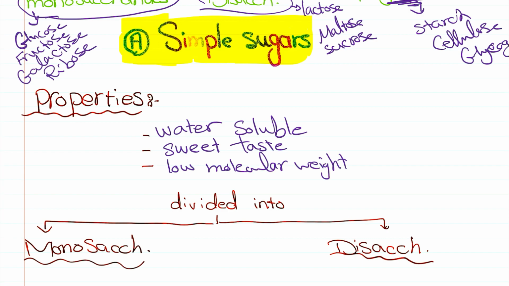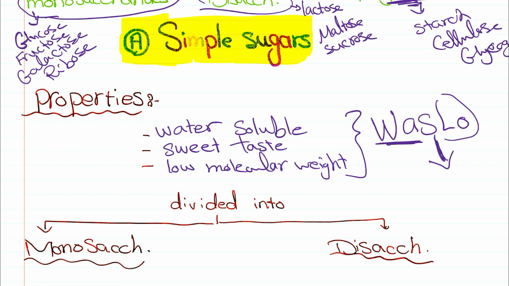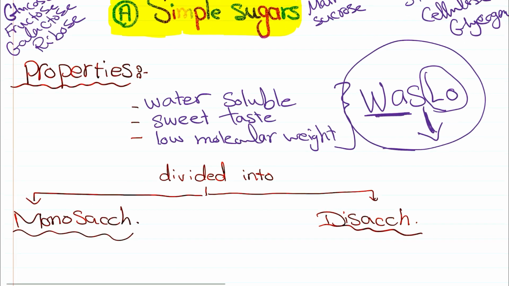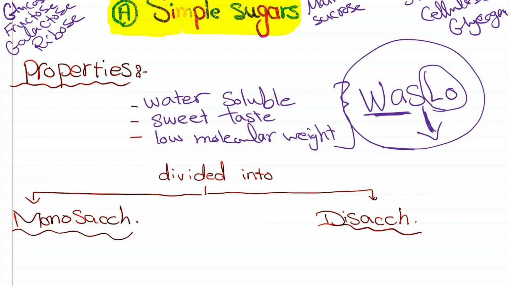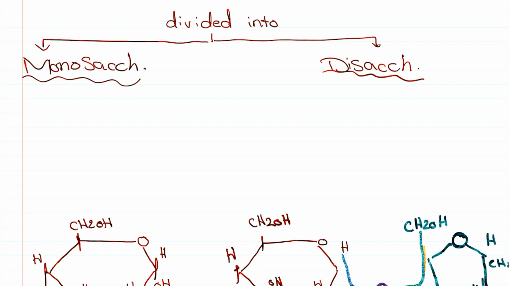To never forget these properties of the simple sugar, remember WASLOW. What do we mean by it? They are water soluble, they are sweet in taste, and they have low molecular weight. So never forget it. The simple sugar can be, as I told you before, monosaccharides or disaccharides. Monosaccharides consist of only one sugar, but they differ from one to another in the number of carbon atoms.